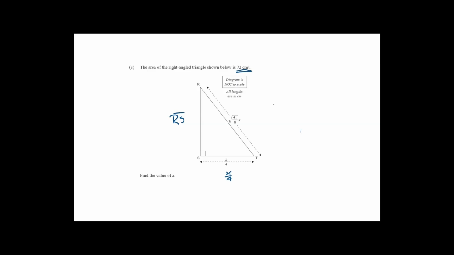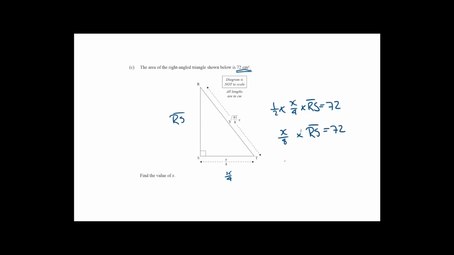So half times the base, which is x over 4, times RS equals 72. They give it to us. Half times x over 4 is x over 8. So x over 8 times RS equals 72.